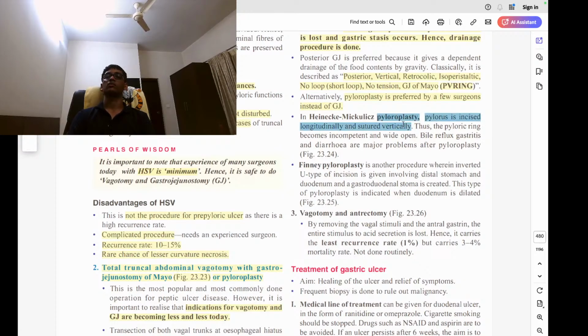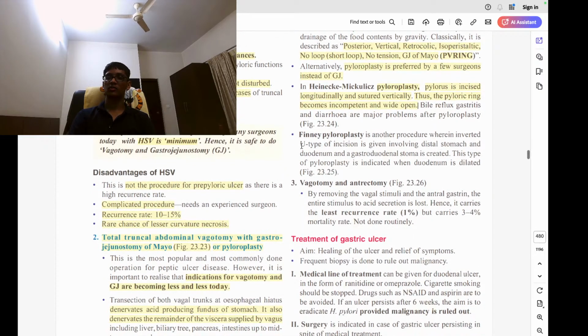The pylorus is incised longitudinally and sutured vertically, so it becomes incompetent and wide open. Finney's pyloroplasty is another procedure where an inverted U-type incision is given involving the distal stomach and duodenum, and a gastroduodenal stoma is created.